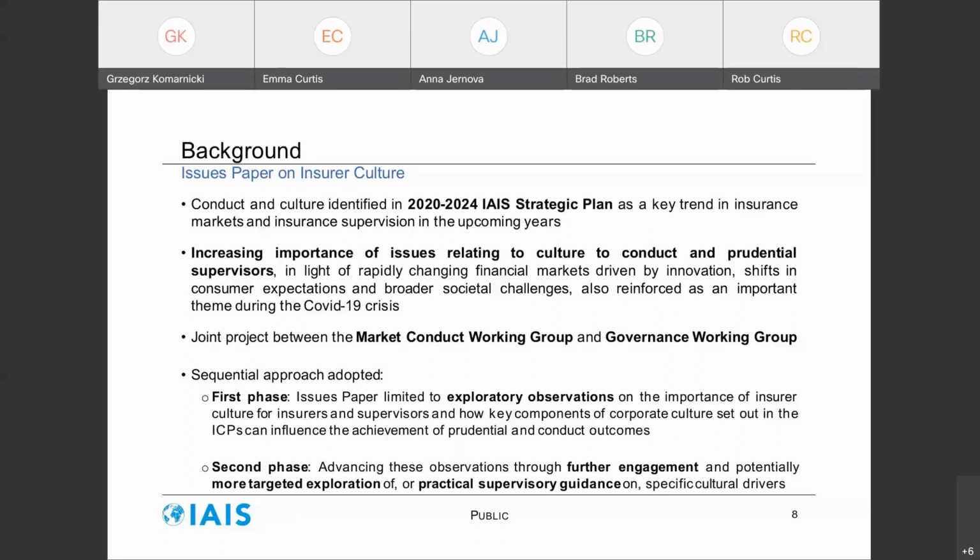The first phase will involve the IAIS developing this issues paper, with the scope limited to exploratory observations on the importance of insurer culture and how key components of culture can influence the achievement of prudential and conduct outcomes. In the second phase, we'll consider how to advance these observations through further engagement and potentially more targeted exploration of some specific cultural drivers, or potentially some practical supervisory guidance on those drivers.